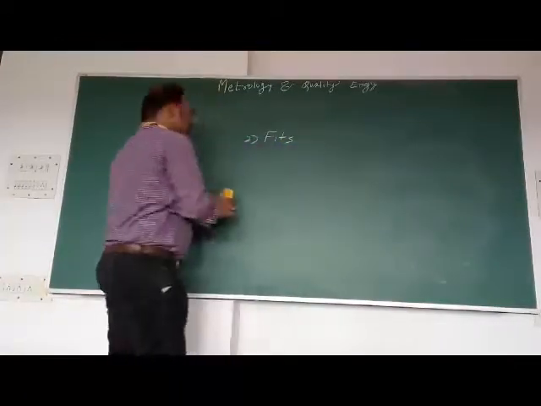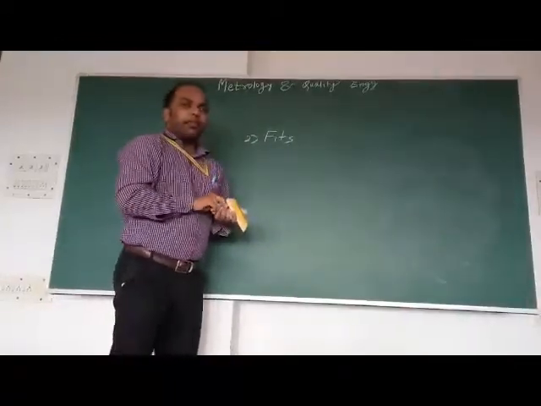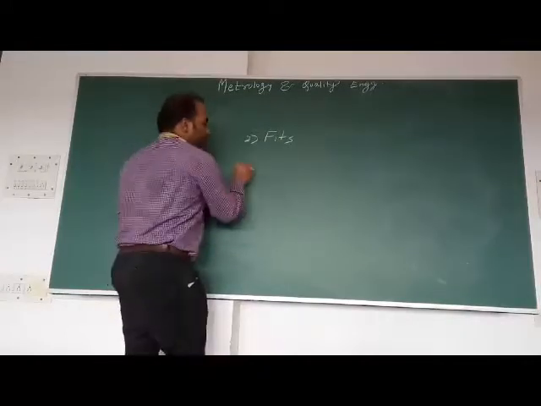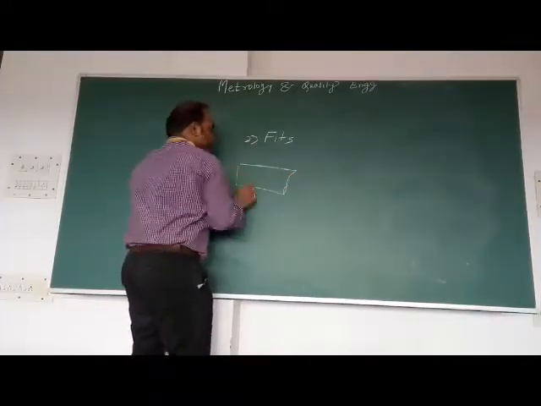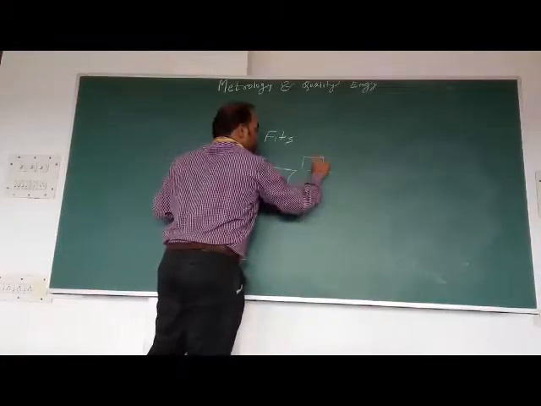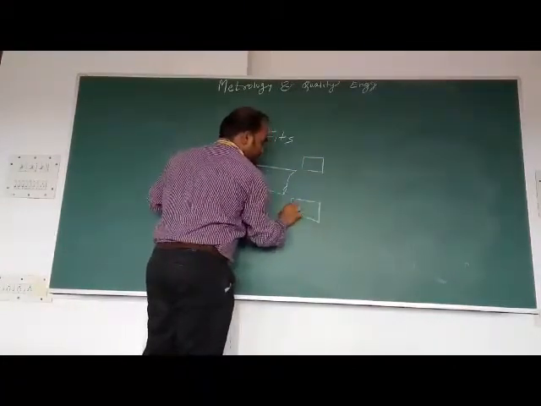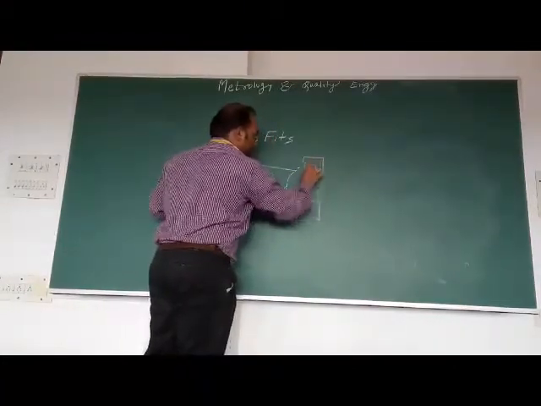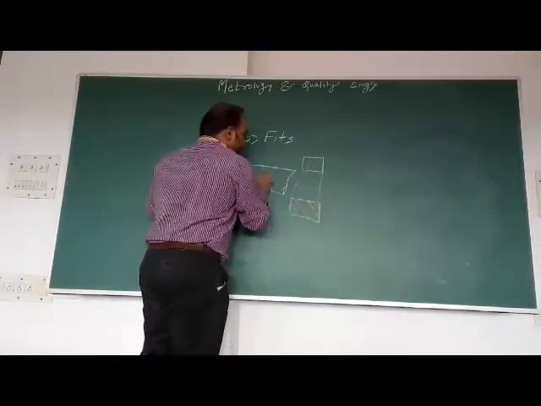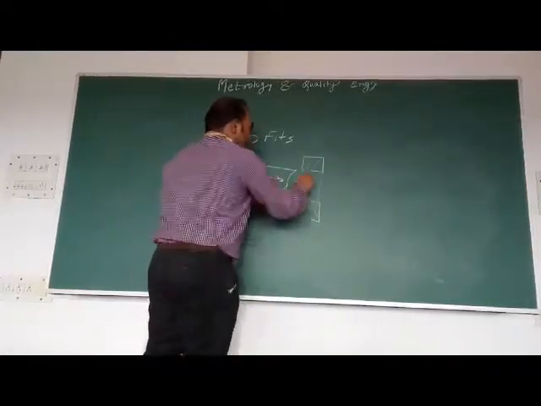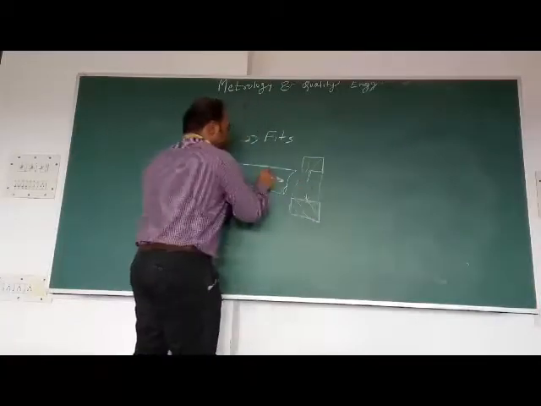Now in fits, since we have seen limits, we know how the shaft and hole are going to be made. Over here we can see this shaft is going to be engaged in between these spaces, as is clear.